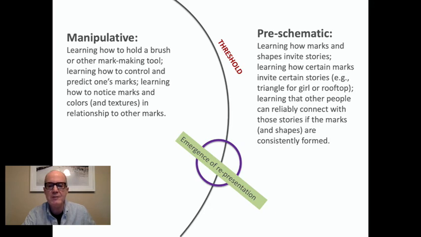And when we talk about the emergence of representation, we're talking about a conceptual milestone, a momentous event in the development of a human being, understanding how the world and the body or the individual relate to each other, and how we as individuals relate to our communities. It takes a long time to develop this, and it develops at different rates, but it's, to my mind, a momentous, amazing, miraculous aspect of being human.